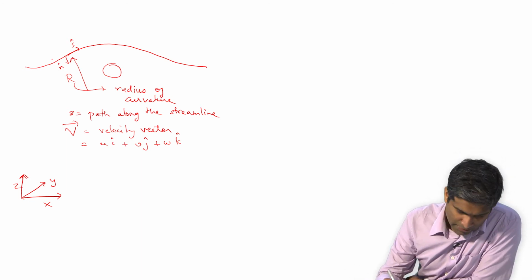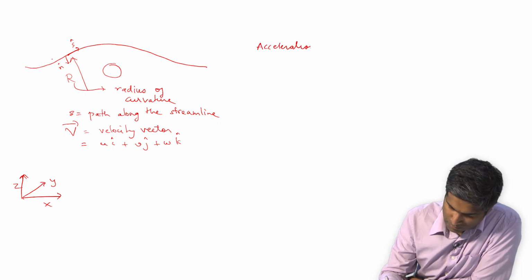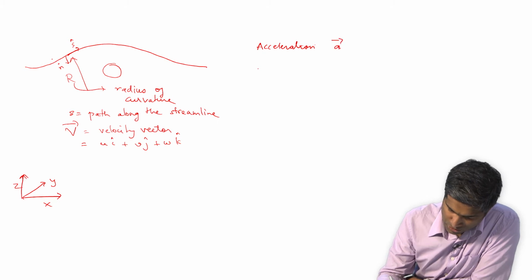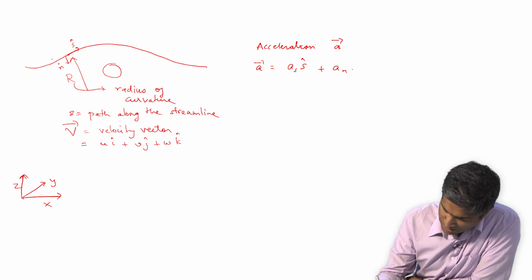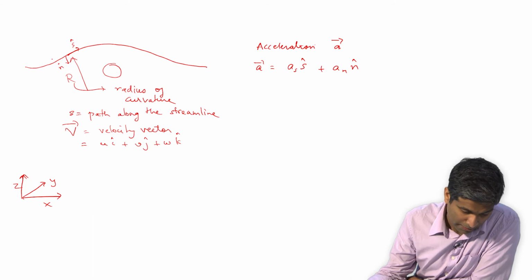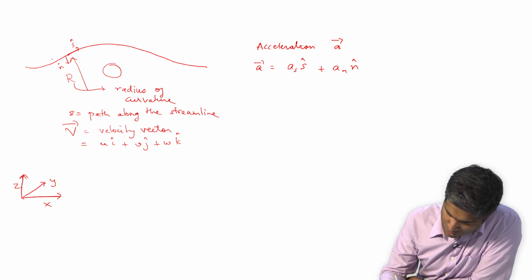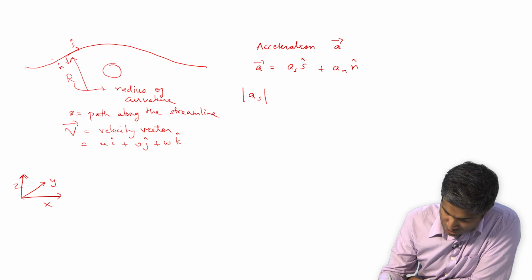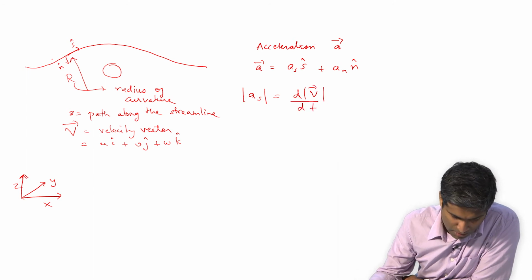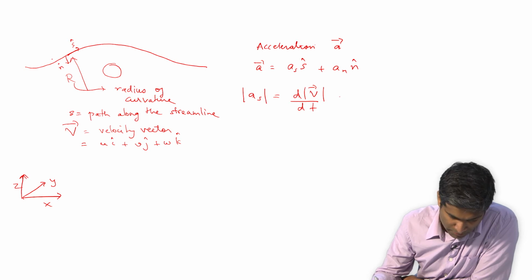So in streamwise coordinates, my acceleration vector A is given by the streamwise acceleration along s and the normal acceleration along n. The magnitude of the streamwise acceleration is the change in the particle velocity as a function of time along the streamwise coordinate.